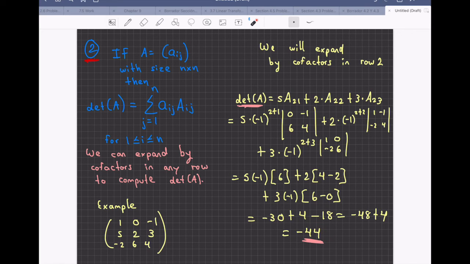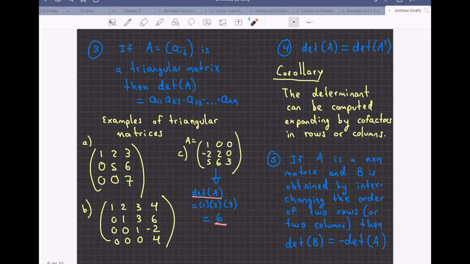Yeah, we computed this before, and we computed this in two ways, and we verified this in the calculator.